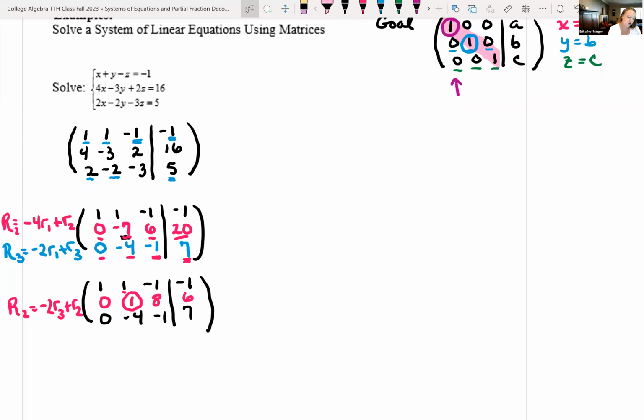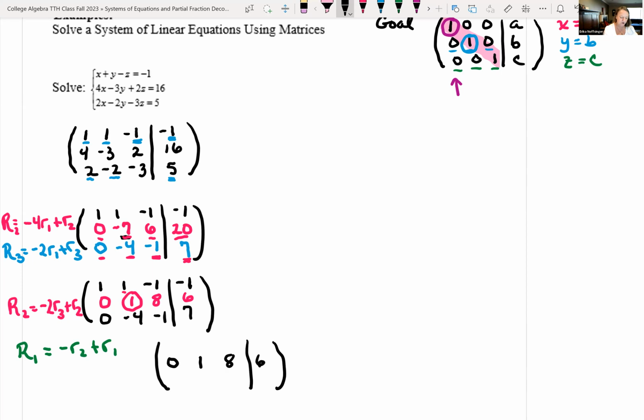So it's going to be our new row 1. This is going to be negative row 2 plus row 1. So I'm going to rewrite this. First, I'm going to just put in my row 2 because I'm not changing it. I'm just using it to change my other rows. So my second row is staying the same, 0, 1, 8, 6.